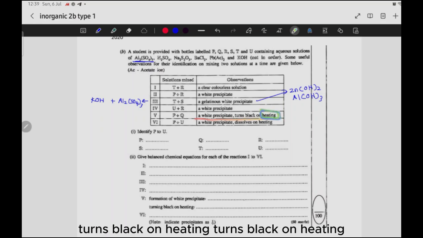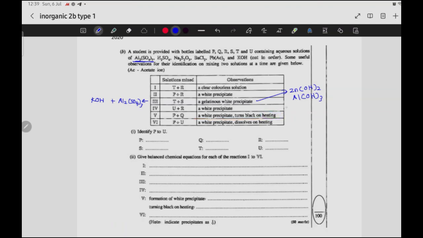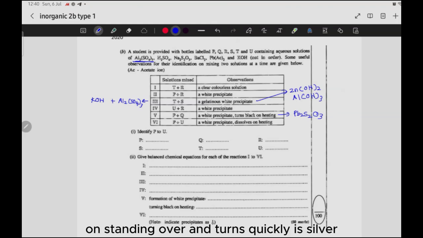Turns black on heating. What is that white precipitate? On heating, yeah, PbS2O3, right? And on standing, that is different. On standing or when it turns quickly, it is silver thiosulfate. This is on heating, right? So it is definitely PbS2O3.